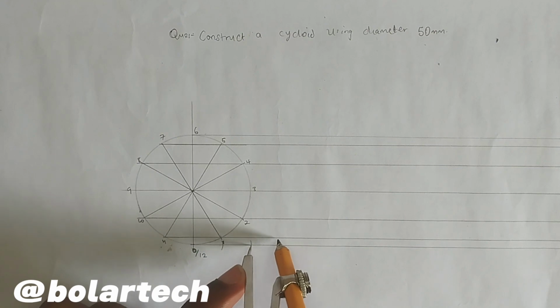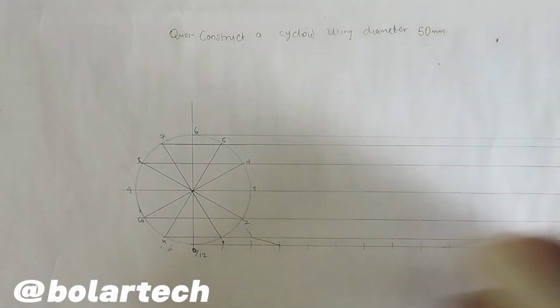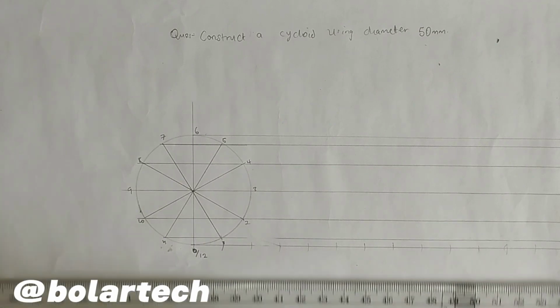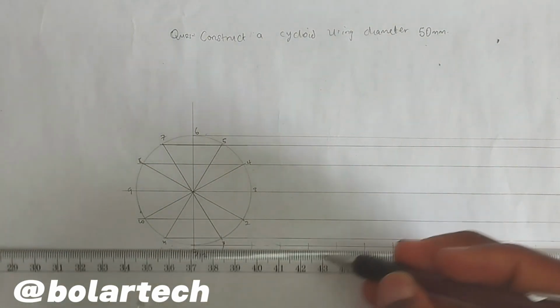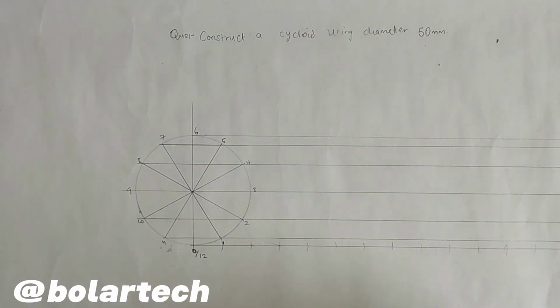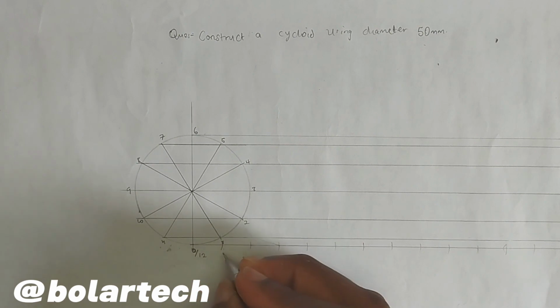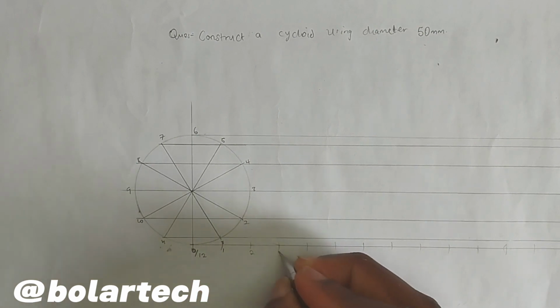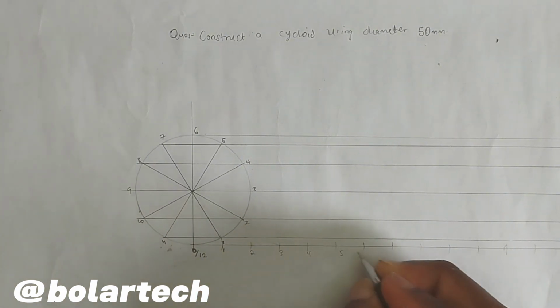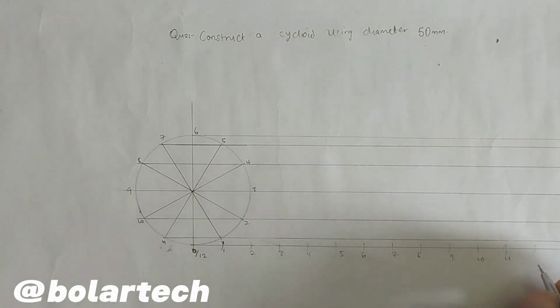So we have picked our 12 points, so we'll label it. This is 0, 1, 2, 3, 4, 5, 6, 7, 8, 9, 10, 11, 12.